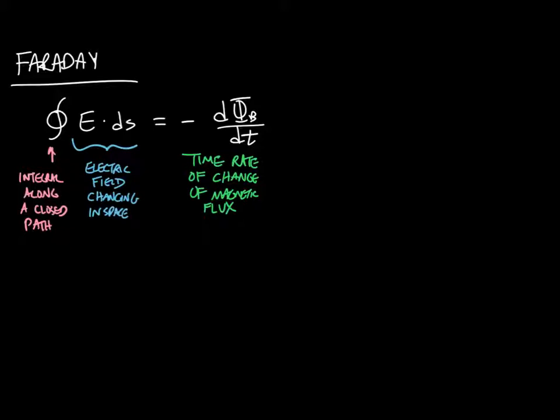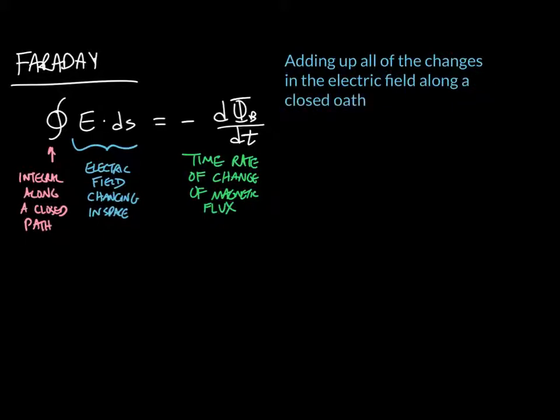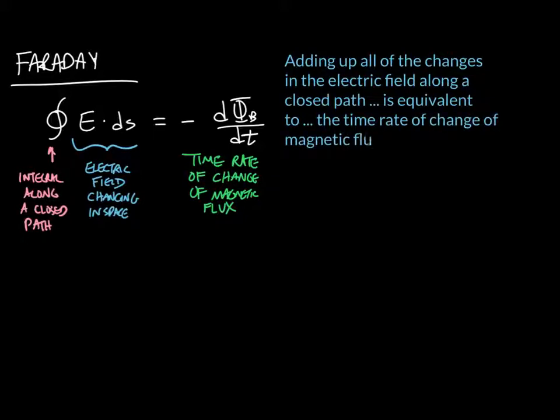You're stating the law, maybe more crudely than the wordsmith versions. But to pull all of that together, adding up all of the changes in the electric field along a closed path is equivalent to the time rate change of magnetic flux.